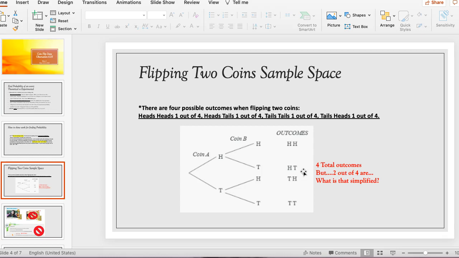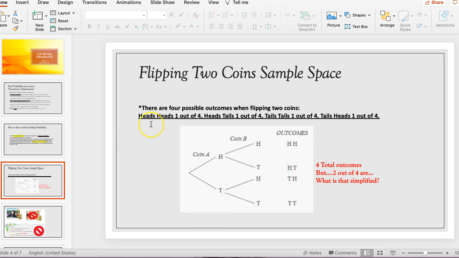So I'm saying there are 2 times out of 4 outcomes that the coins, when I flip them both, could land one each, heads and tails, because it could land heads, tails, or it could land tails, heads.